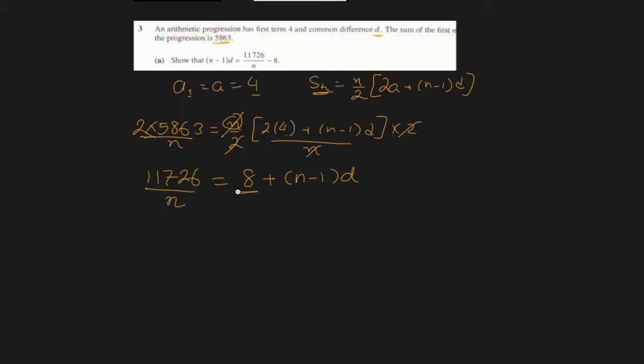Exactly, and this 8 we subtract from here and from this side also, so that 8 is also gone. So we are left with (n minus 1)d equal to 11726 over n minus 8. That's what they're asking us to prove.